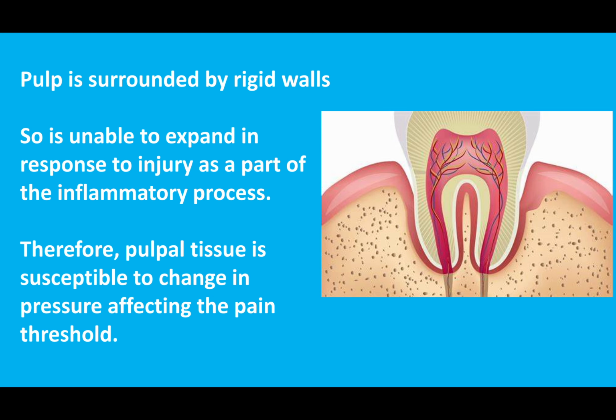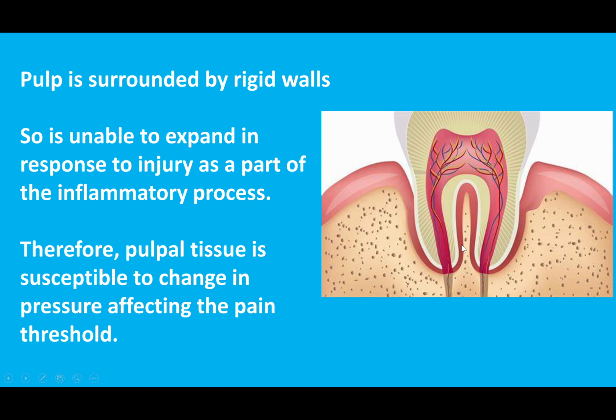So therefore pulpal tissue is susceptible to change in pressure affecting the pain threshold, and when the pain threshold is high, the simple painkillers or the low dose painkillers are not effective, and that's why most of the people take the high dose painkillers for the relief of pain.